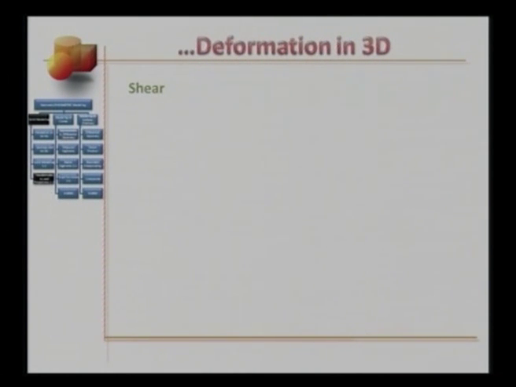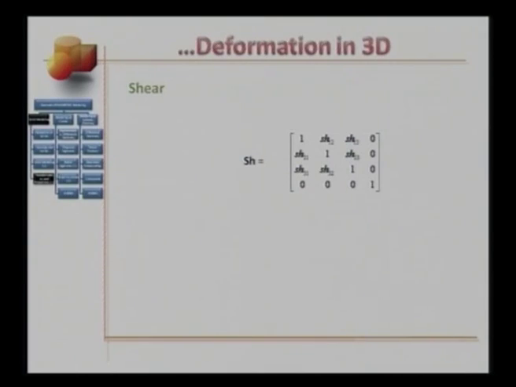The next is shear transformations in 3 dimensions. The generic transformation matrix for shear is given by this 4 by 4 matrix with entries 1, sh sub 1 2, sh sub 1 3, 0, sh sub 2 1, 1, sh sub 2 3, 0, sh sub 3 1, sh sub 3 2, 1, 0, and the fourth row we have all these entries as 0, and the last entry is 1.